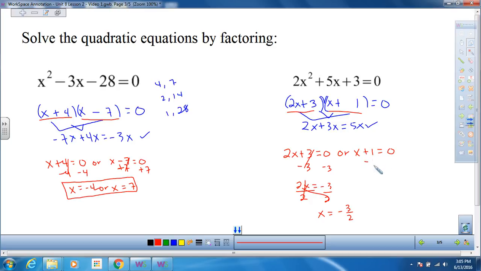And over here I just needed to subtract 1. So there's my 2 solutions.